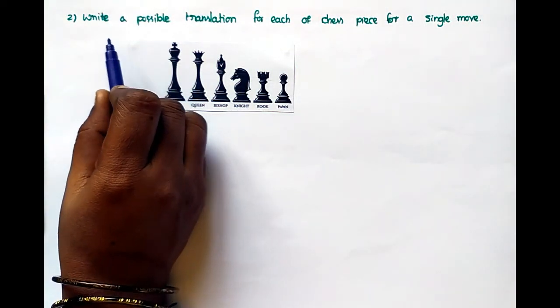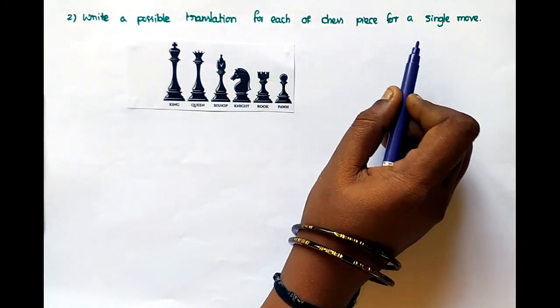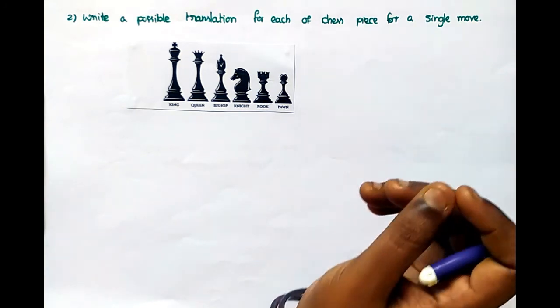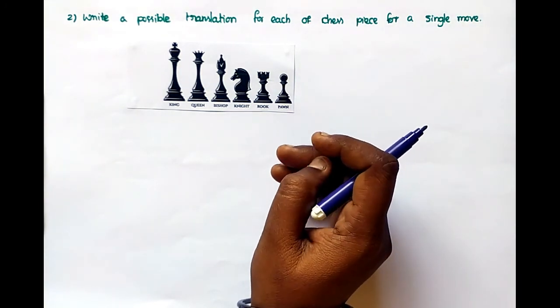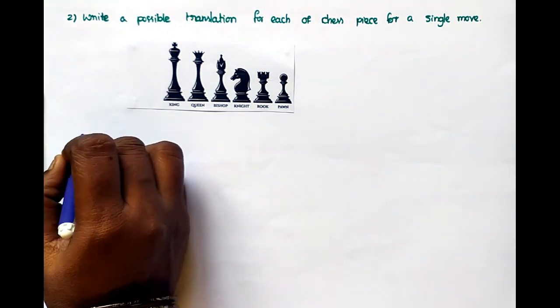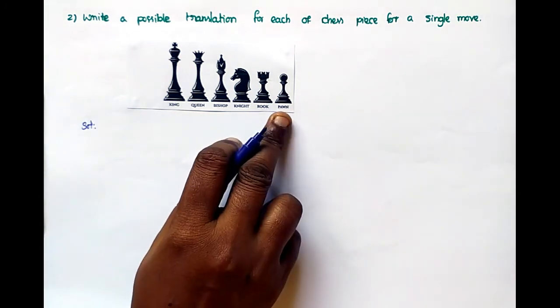Second sum. Write a possible translation for each chess piece for a single move. For a single move, how many blocks can it move? That is the question. Possible moves. First one, pawn.